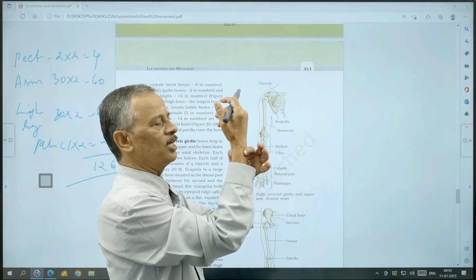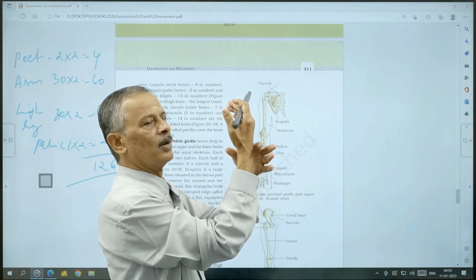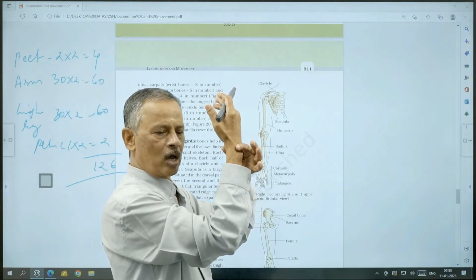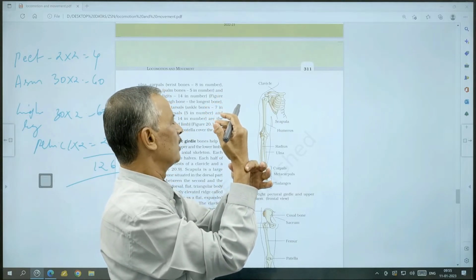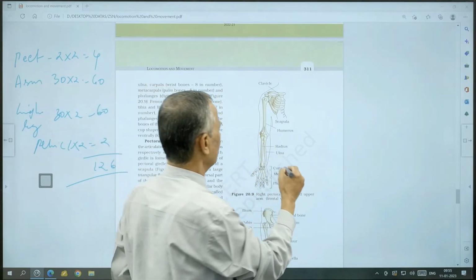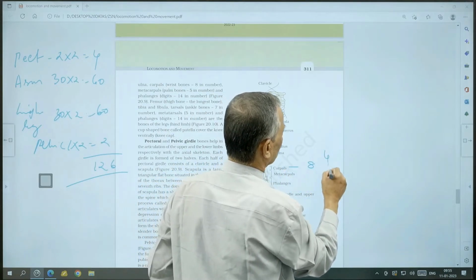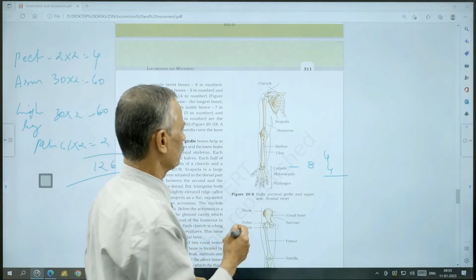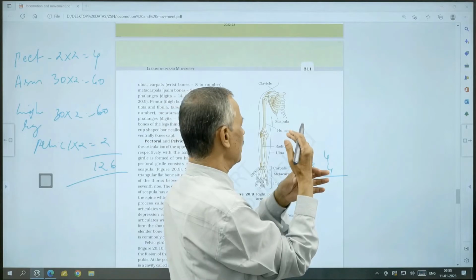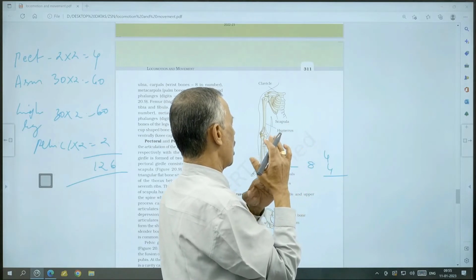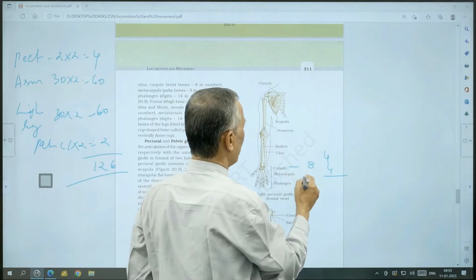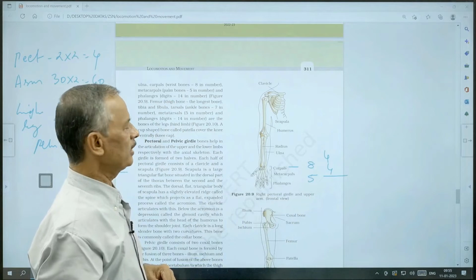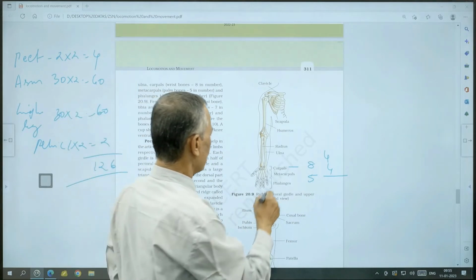The hand has three parts: wrist, palm, and fingers. The wrist is called the carpus. The carpus has 8 bones arranged in a 4 plus 4 arrangement, meaning 2 rows, proximal row 4, distal row 4. Then in the palm region, which is called the metacarpus, we have 5 elongated bones called metacarpals.